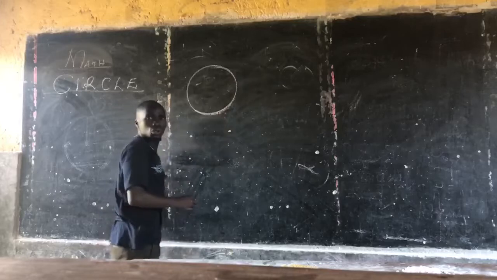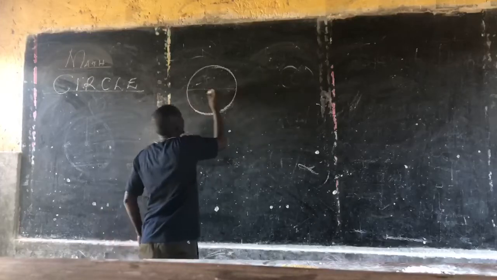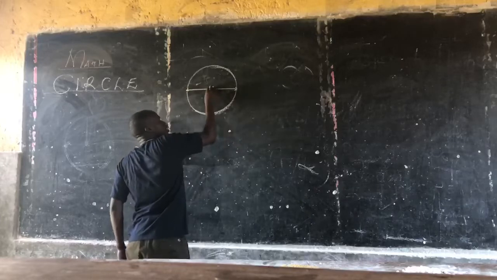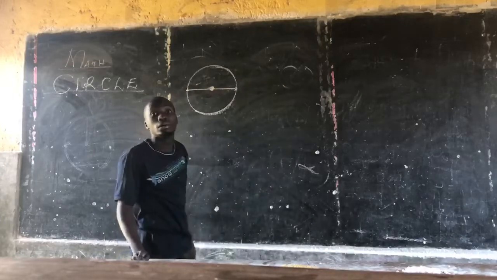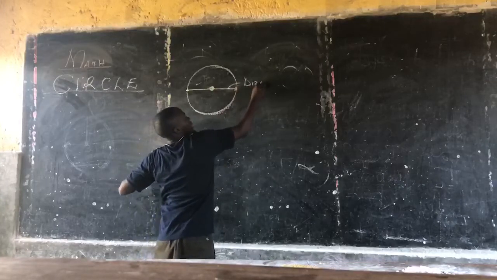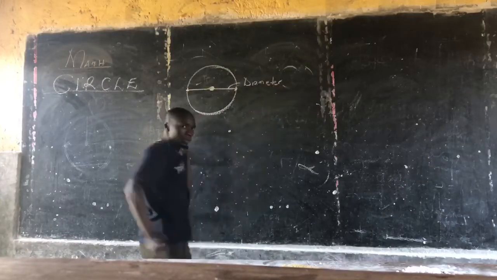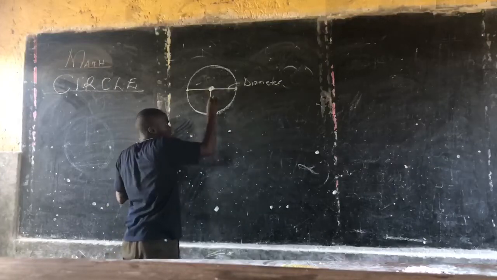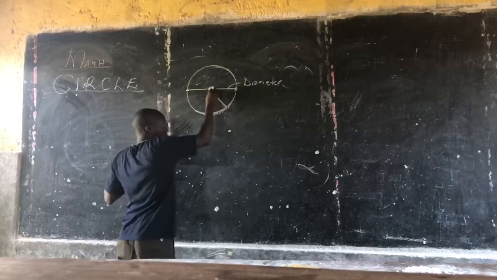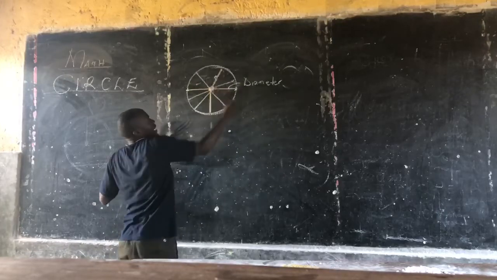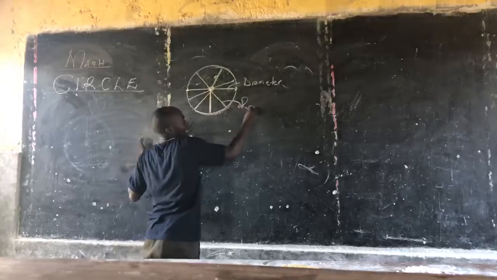If that's a circle, a line that passes from one point on the circumference to another point and passes through the center is the diameter. A line from the center touching the circumference can be this, or that, or that. That is the radius R of the circle.